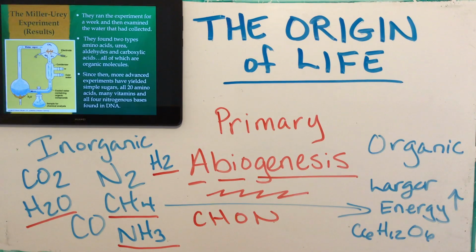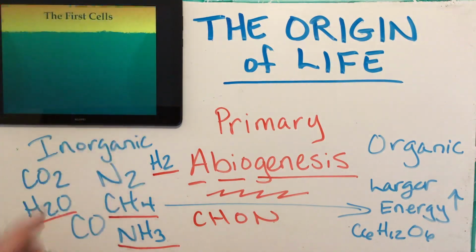Many different types of vitamins, and all 4 of the nitrogenous bases of DNA. That's the A, T, C, and G that we talked about in class: adenine, thymine, cytosine, and guanine. They've created all of this with setups very similar to Miller and Urey's from the 50s. So definitely you can go from a lifeless planet to one that at least can create the molecules for life.